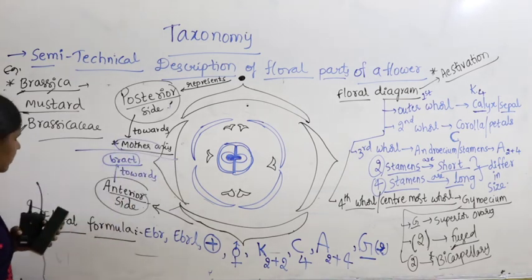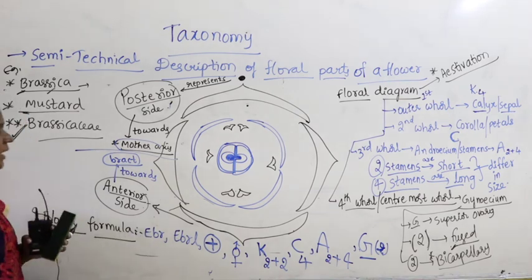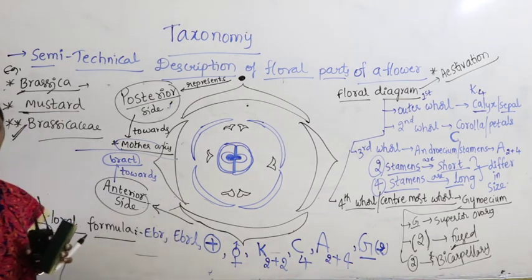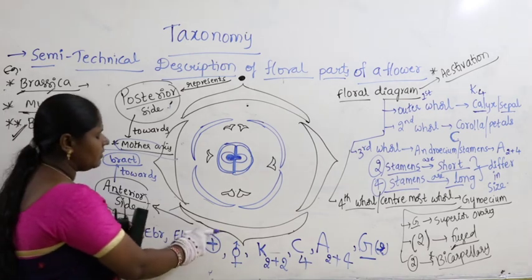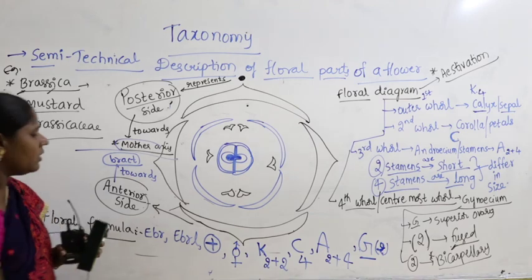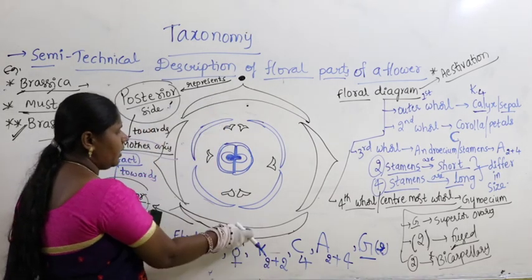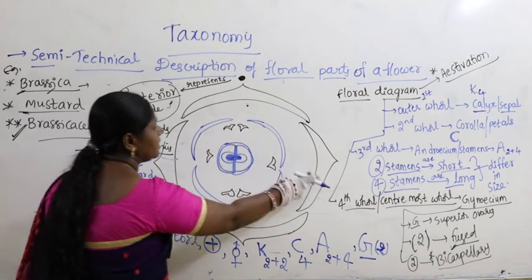Now, coming to this floral formula, Br with a cross means bracts are absent, Brl means bracteoles are absent, plus with a circle means actinomorphic. These 2 symbols mean bisexual, and this calyx is 2 plus 2. Here if you look, 2 are in the outer whorl and 2 calyx are in the inner whorl.